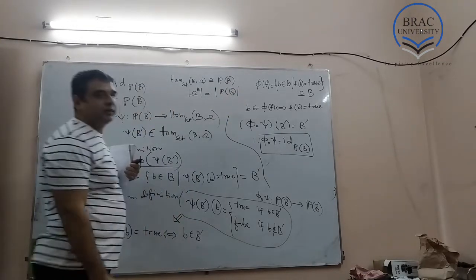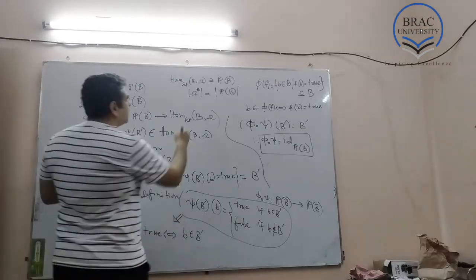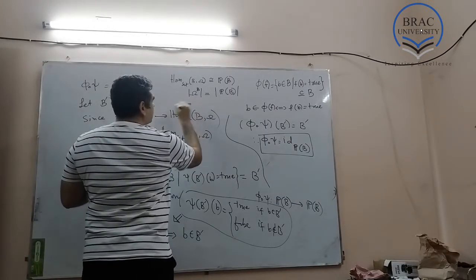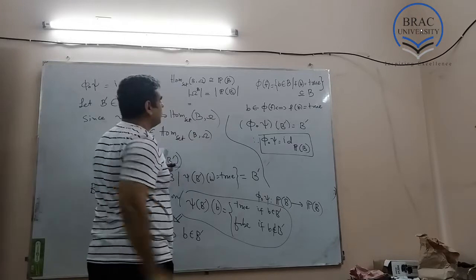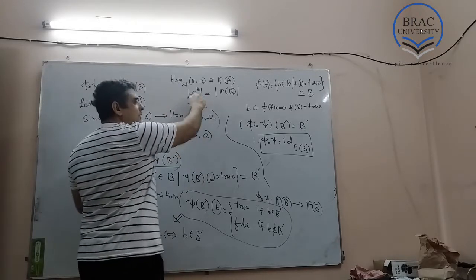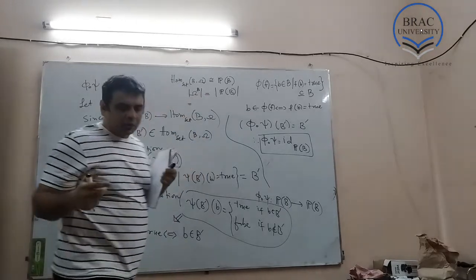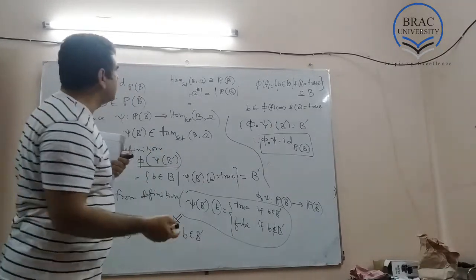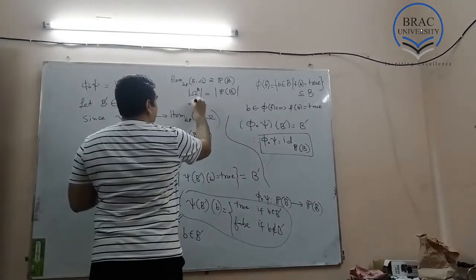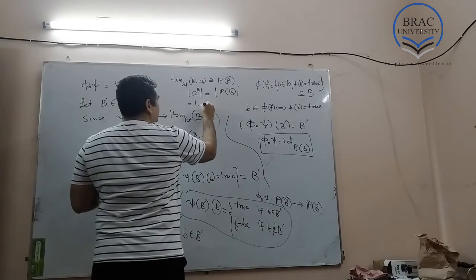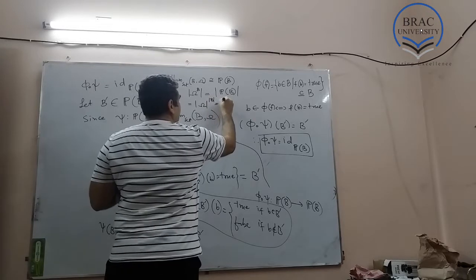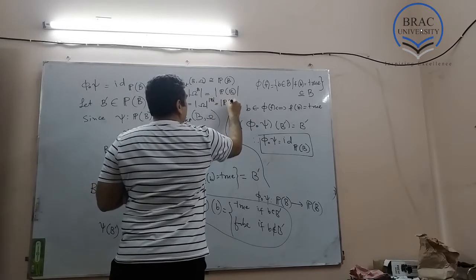Okay? And I have already told you in the beginning that when the cardinality of omega and the cardinality of B are finite, or one is empty and the other one is finite, then we always have this to be equal to the cardinality of omega raised to the cardinality of B, and this is equal to the cardinality of the power set.